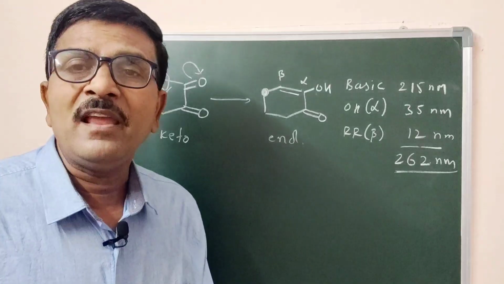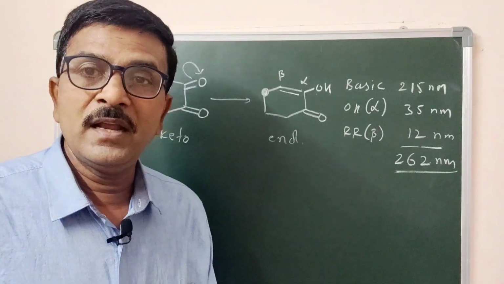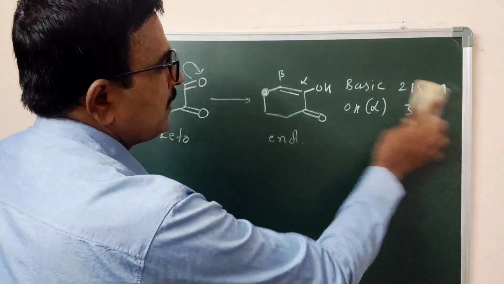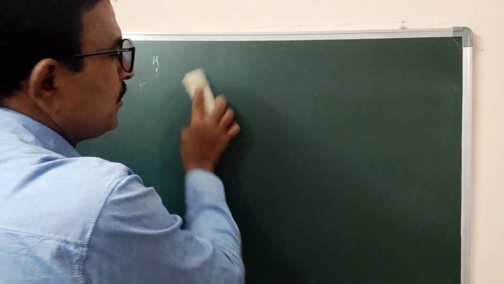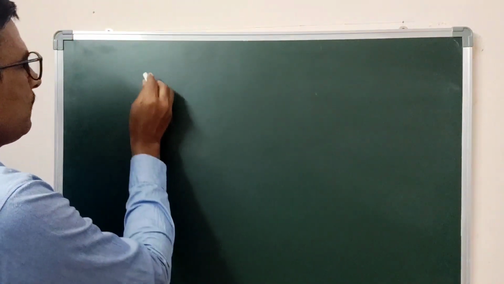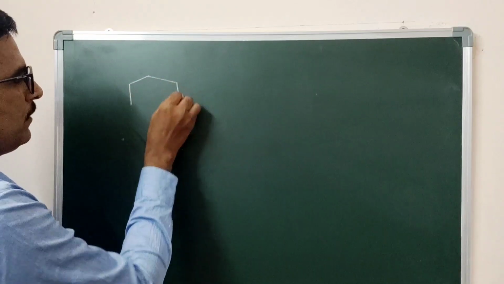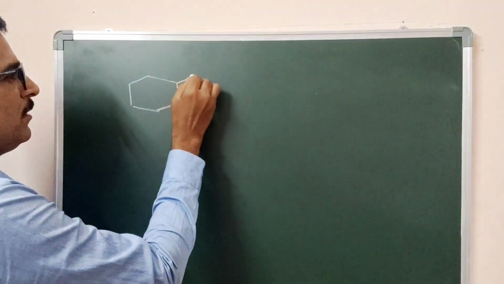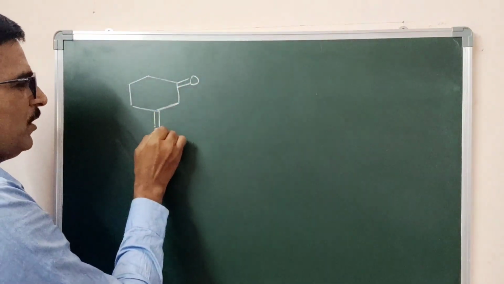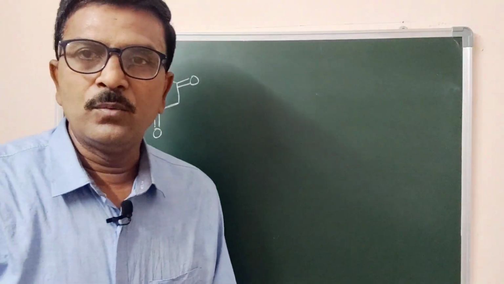So in the same way we can calculate in 1,3 diketones also. 1,3 diketones, say you can take double bond here, double bond over here, 1,3 diketone.